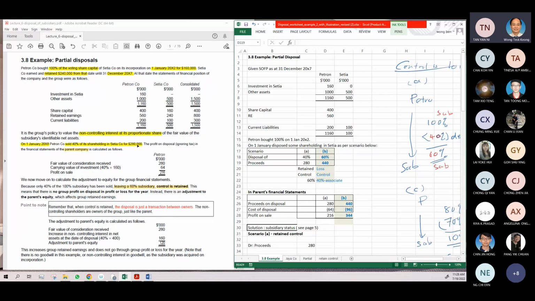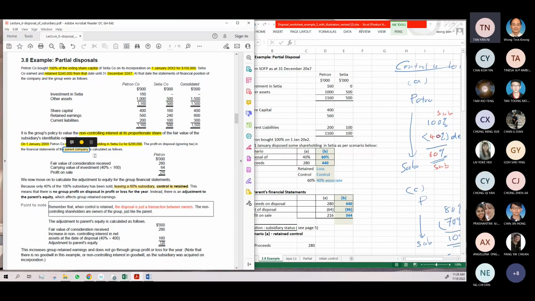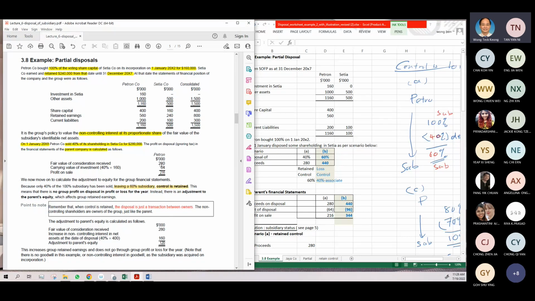So then it's easier, they sold it for 280,000. So at the parent book level, you sold it for 280, so you have received 280. But the value, you remember you bought 160 for 100%. So 40% of 160 will be your cost, 64,000.